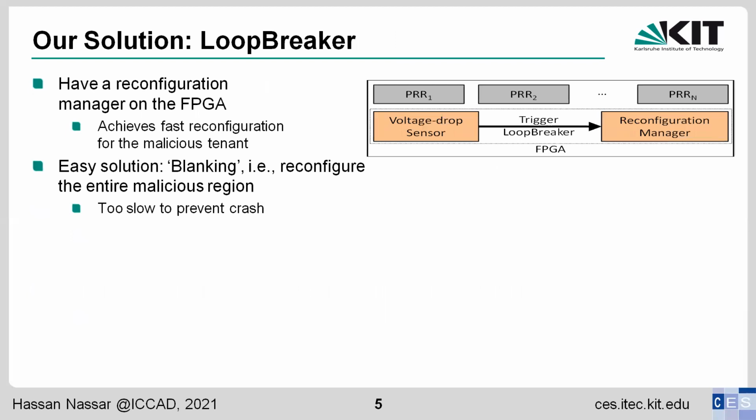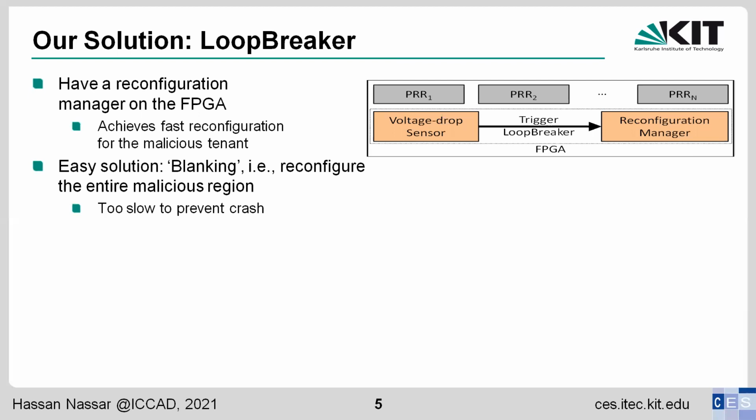Our idea, as you can see in the figure, is that we have a reconfiguration manager on the FPGA. Based on the TDC sensors, when a certain threshold is reached, we trigger LoopBreaker, which does a reconfiguration of the malicious tenant. An easy solution for this is to use an empty bitstream.